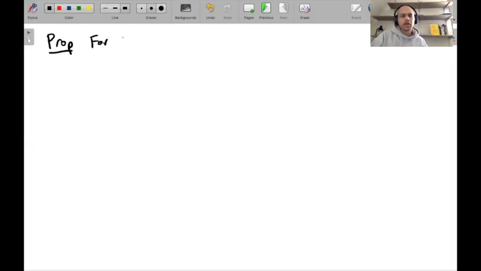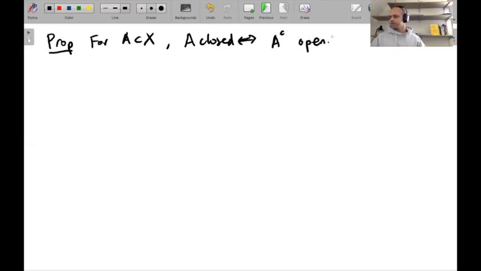For a subset A of X, A is closed if and only if the complement of A is open. Okay, so let's prove this.